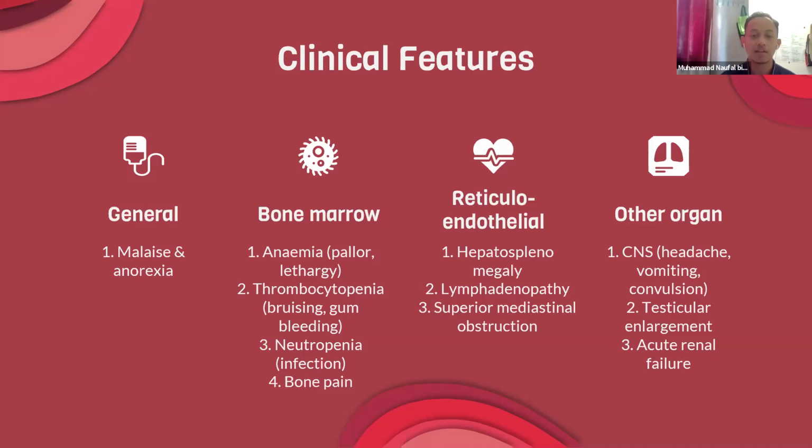And next, the patient also can have neutropenia, and the patient will be presented with infection, fever, and also mouth ulcer. And the last one, the patient will be presented with bone pain, and the patient will have limping gait. There is abnormality during walking.